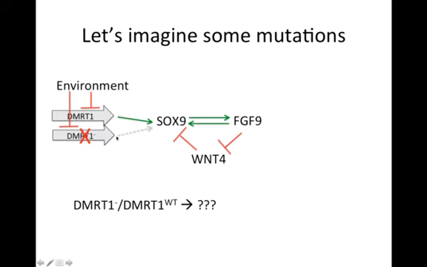If that's the case, then we're going to get no stimulation from our bottom allele and only get stimulation from our top allele. So that means SOX9 is going to get less stimulation than it otherwise would. And so this may lead to a female regulatory program. So it may be the case that a single mutant copy of DMRT1 would lead to a female regulatory program, a female development, regardless of the cues from the environment.